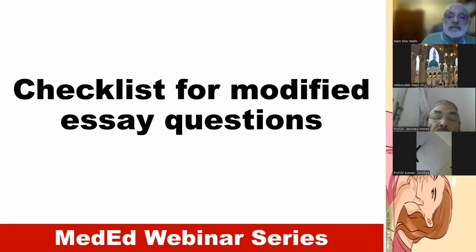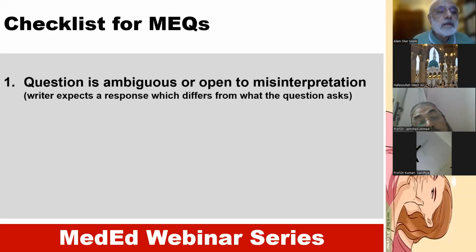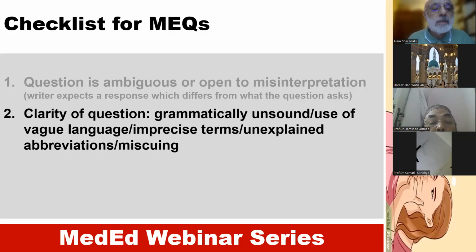The checklist for modified essay questions: we need to look at whether the question is ambiguous or is open to interpretation, where the writer expects a response which differs from the question asked. So we have to be very careful and very clear in formulating these questions.